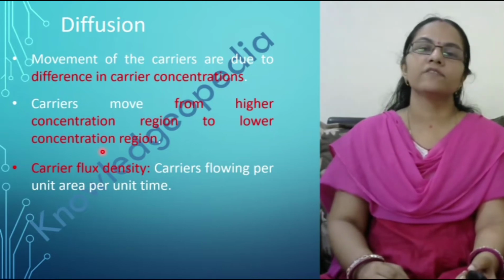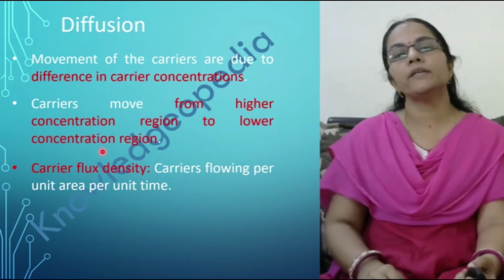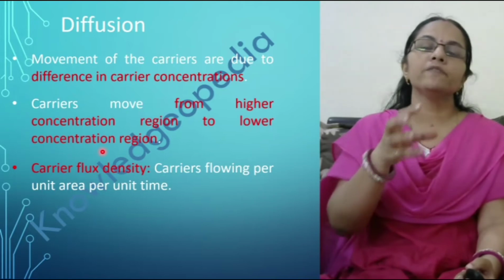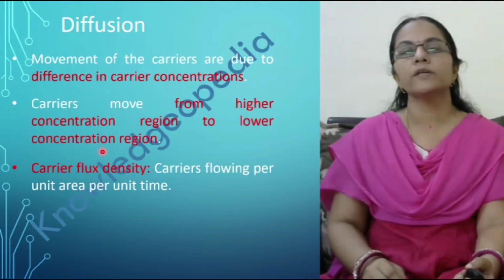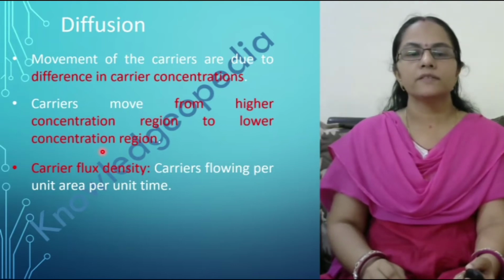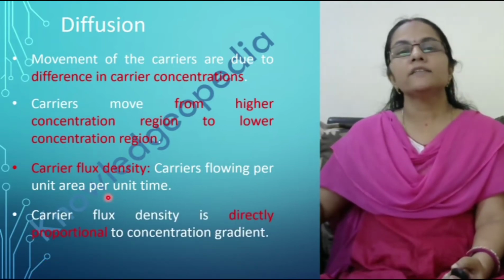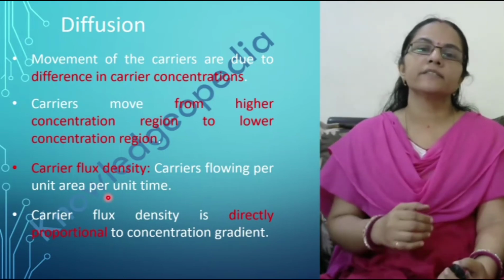What is this carrier flux density? That is carriers flowing per unit area per unit time. The number of carriers flowing per unit area per unit time is known as carrier flux density. This carrier flux density depends on the concentration gradient. What is concentration gradient?